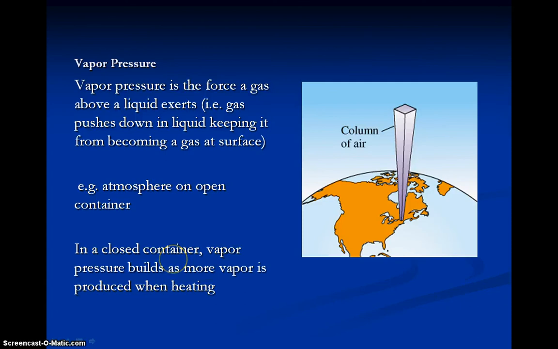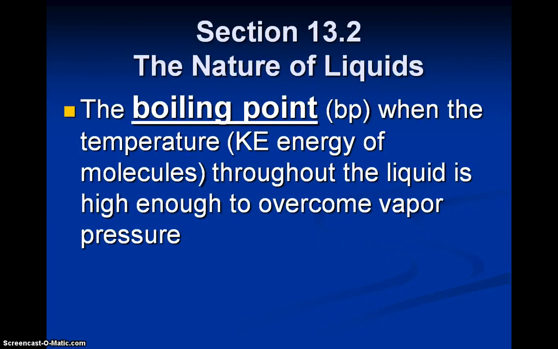If we close a container and we heat it up, there will be a gas in there, and that gas, remember, is going to start moving more, because if we add heat energy, the molecules are going to bounce around more, causing more gas pressure, because gas pressure is the frequency and the force with which the collisions occur. Therefore we can add more vapor pressure in a closed container.